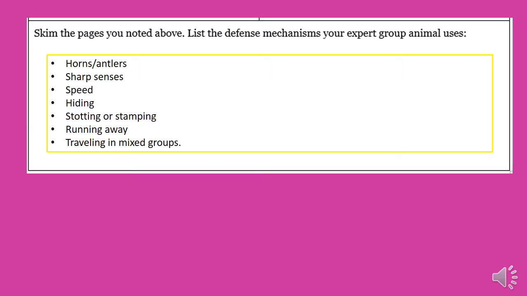They have their speed. They can hide. The fawns hide. They stot or stamp. They run away, and they travel in mixed groups. So those are some different defense mechanisms you can list on your note catcher.